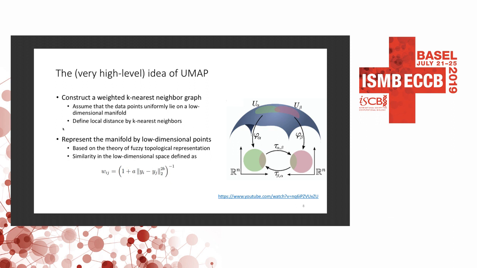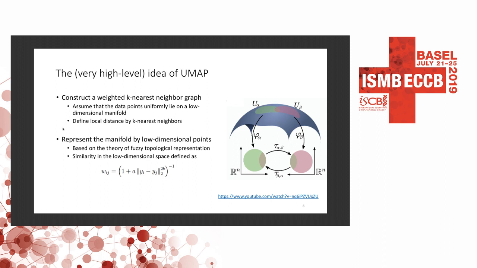But compared with t-SNE, remember that in t-SNE, it tried to measure the distance between two cells in the low-dimensional space using the density function of the t distribution. And here it just replaces the density function of the t distribution by a more general form. And these A and B are determined by the algorithm.